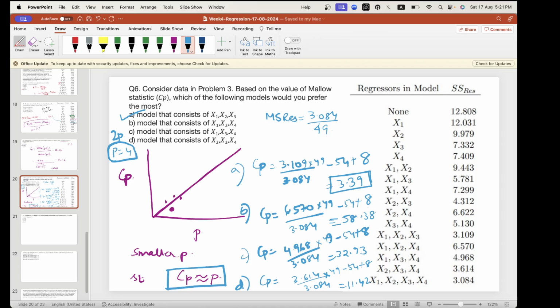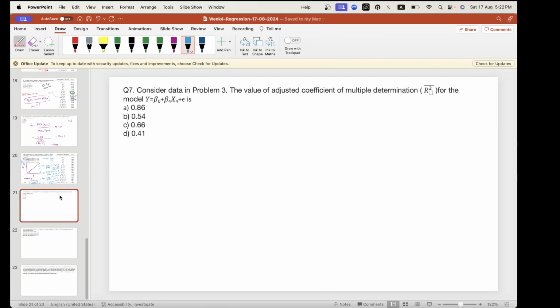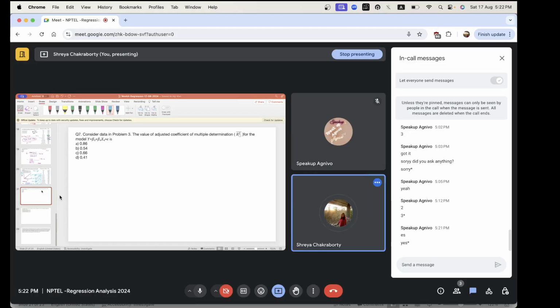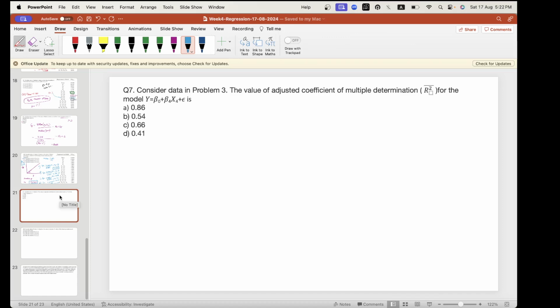Alright, so then what else do we have? Consider the data in problem 3. The value of adjusted coefficient of multiple determination, so adjusted R square, we want of this thing. So adjusted R square is actually 1 minus MS residual by MS total.